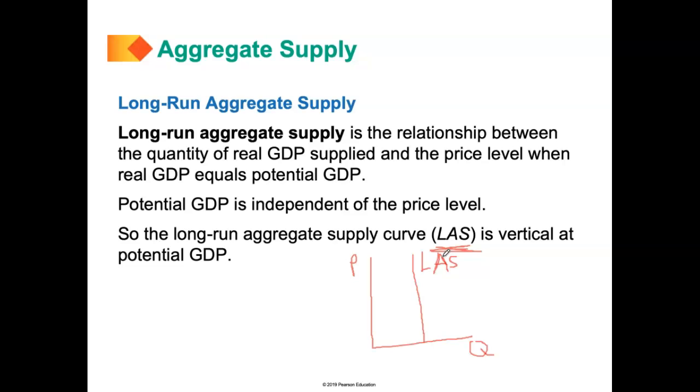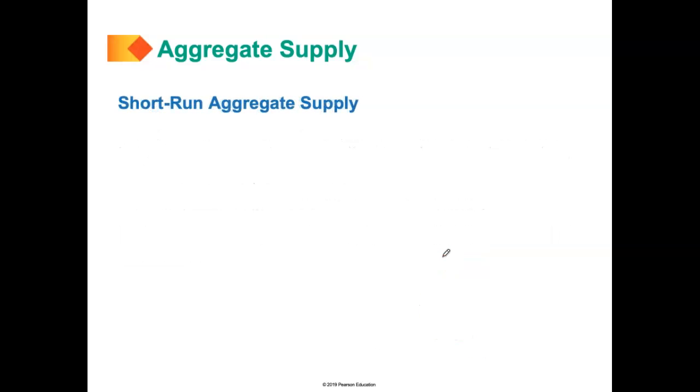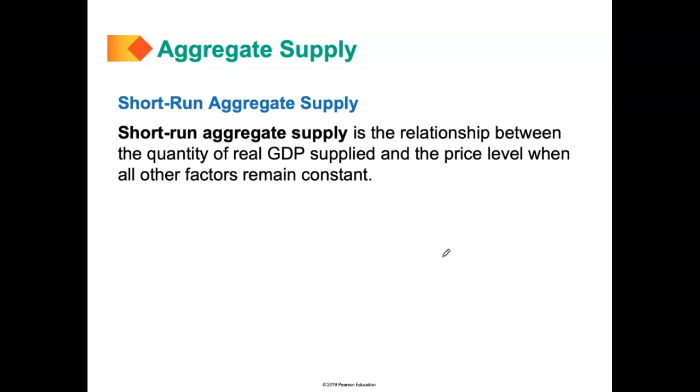Now let's move on to the short run aggregate supply curve. The short run aggregate supply curve looks at the relationship between the quantity of real GDP supplied and the price level when all other factors remain constant. Note, it is not looking at the quantity of real GDP supplied at the point where real GDP equals potential GDP, because in the short run, things are always changing.